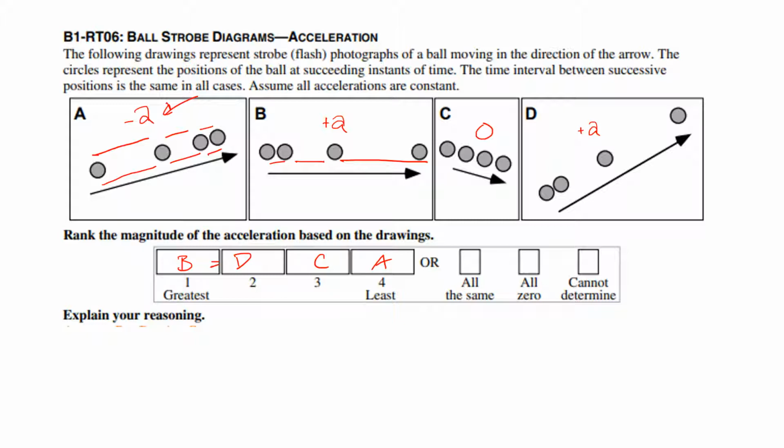Because the word magnitude is there, we take the absolute values. So instead, let's consider the magnitude of this acceleration. The book said that A is slightly smaller than B and D. So the actual answer key put it as B is equal to D, which is greater than A and then C. And C had to be the smallest because it's 0.